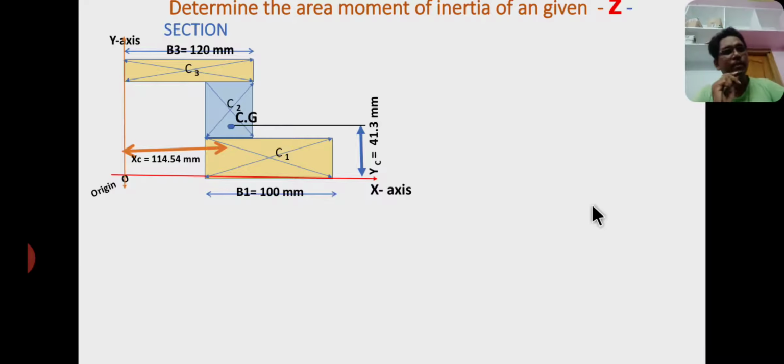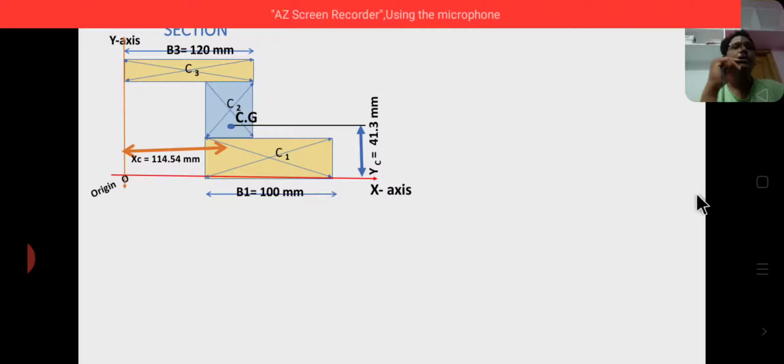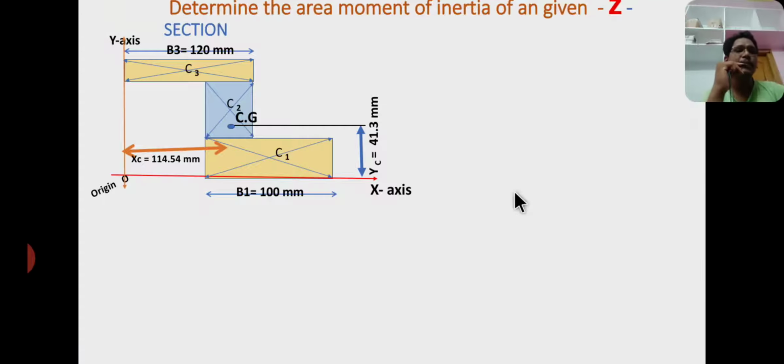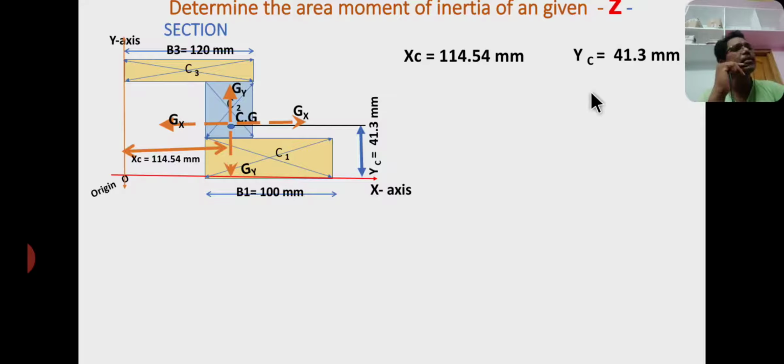Now coming to the area moment of inertias, we have already discussed IGX and IGY. IGX means area moment of inertia about the centroidal x-axis. IGY means area moment of inertia about the centroidal y-axis. But we have to find the area moment of inertia about the reference axes, that is the x-axis and y-axis. xc, yc are the coordinates of the centroid, and GX, GY are the centroidal axes.